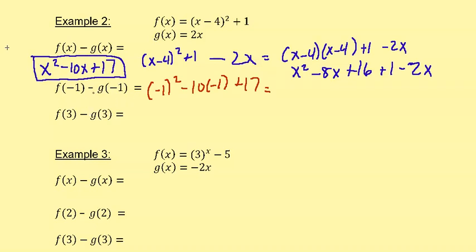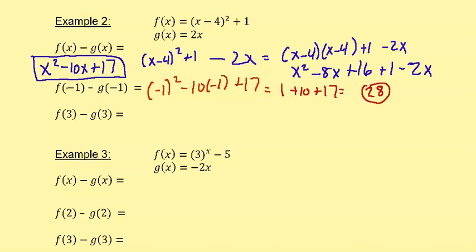So let's find f of negative 1 minus g of negative 1. We could plug it into the formula we just derived. So once we plug that in, you should get 1 plus 10 plus 17, and that would give you 28.